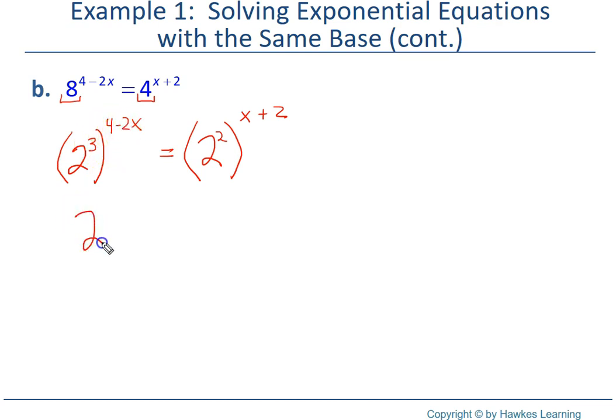So this would be 2. And then this 3 times this up here is going to be 12 minus 6x equals 2, and then multiply this, 2x plus 4.